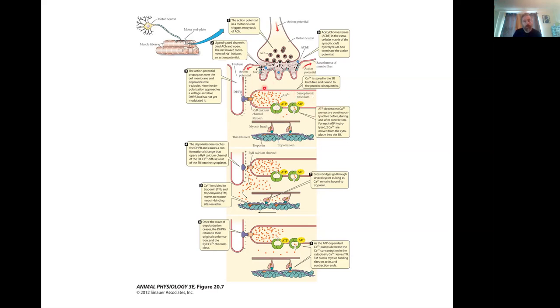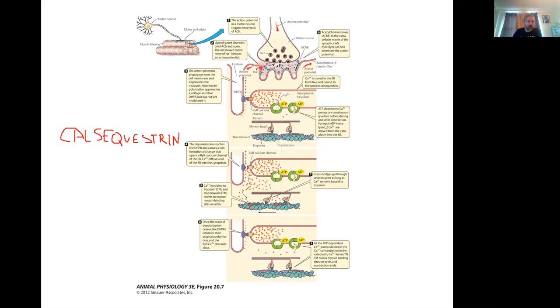Once the calcium's inside, we're storing it right next to a little voltage-gated channel with a protein called calsequestrin. Cal, for calcium, and then sequestrum, there we go, calsequestrin, because we're sequestering, or gathering and holding, calcium right here.